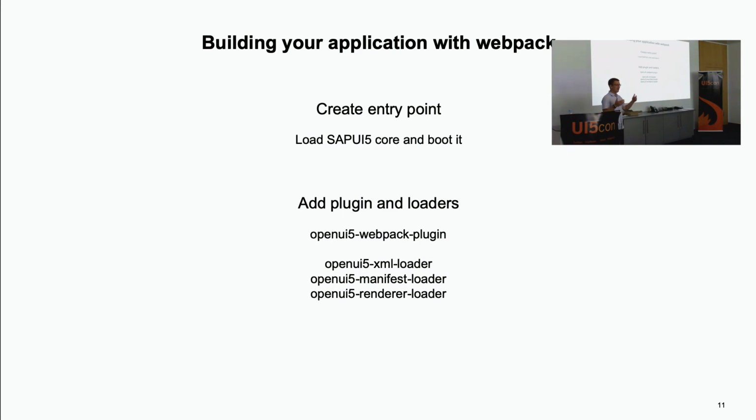So this loader actually checks for every module in a specific path, which you can specify with a regex: is there a file, for example, the button, is there a button renderer? And if this is the case, then we also include it as a dependency so that it's part of the bundle in the end.